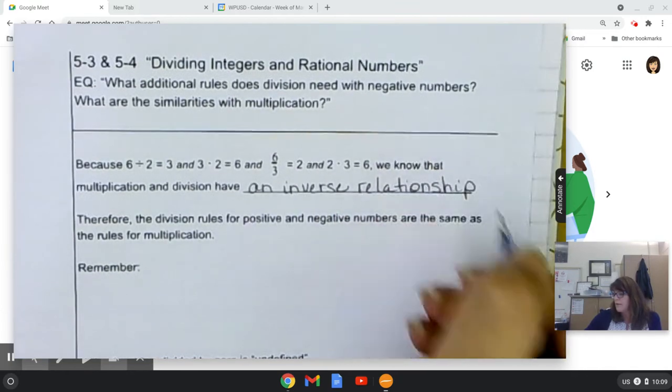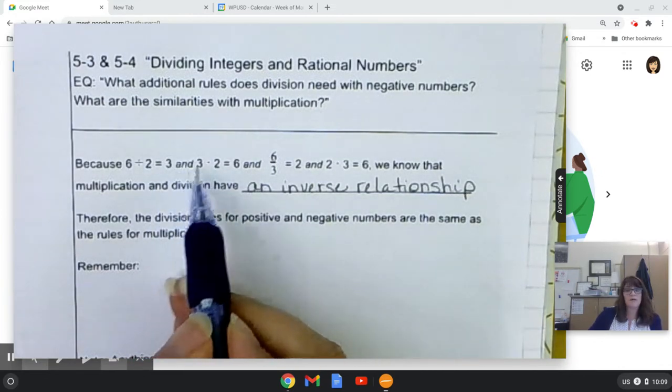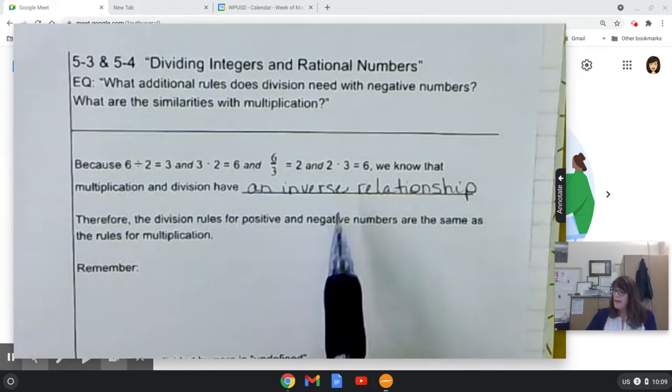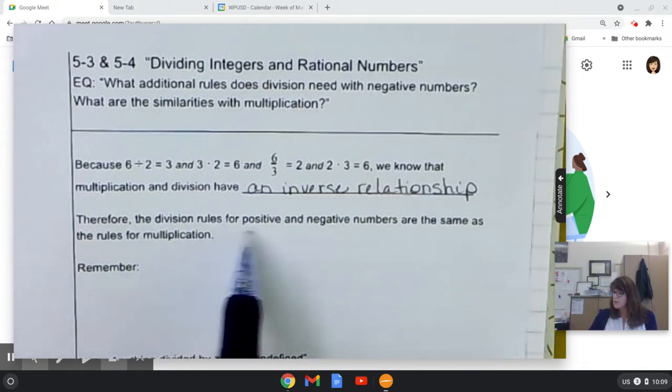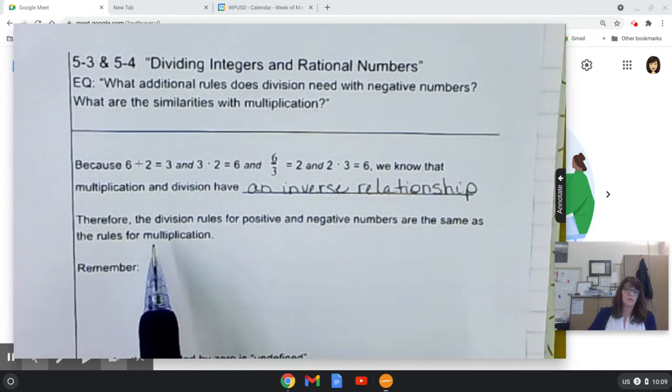Okay. They are kind of the opposite of one another. They undo one another. Okay. And because of this, the rules for positive and negative numbers are the same as the rules for multiplication.